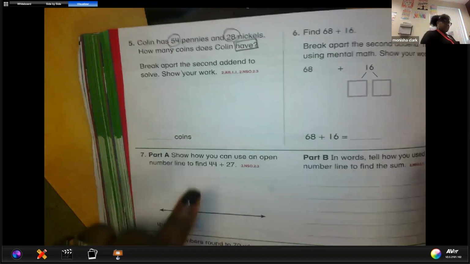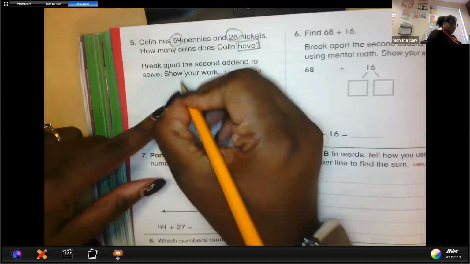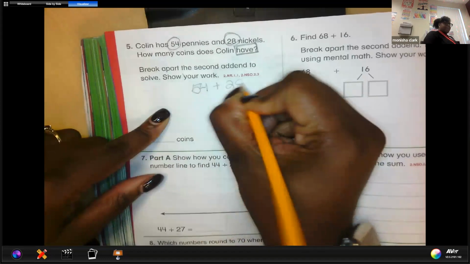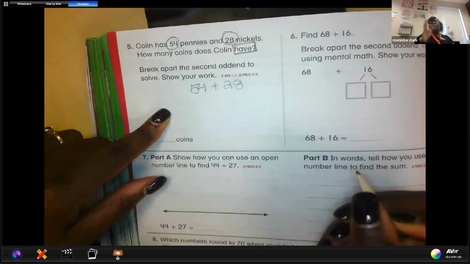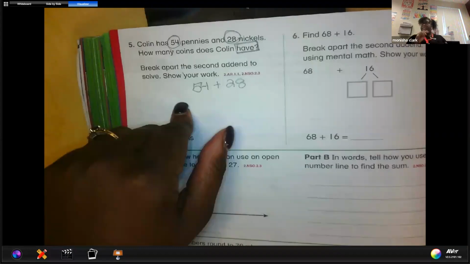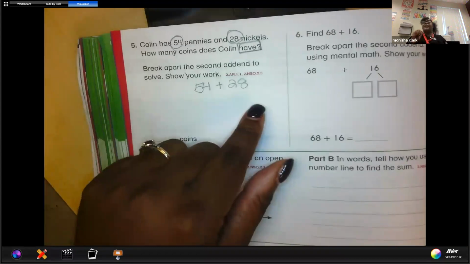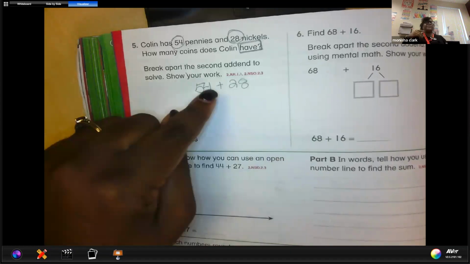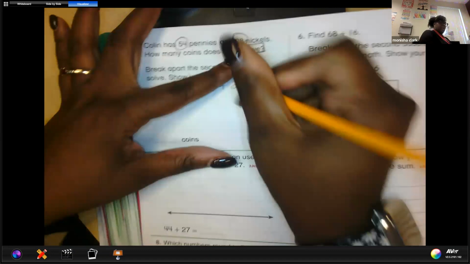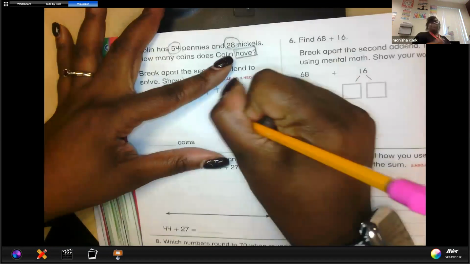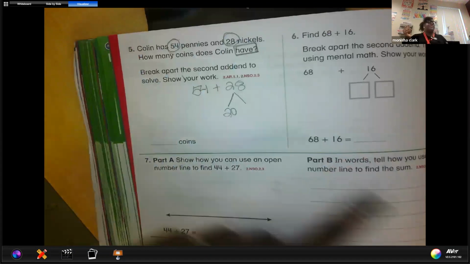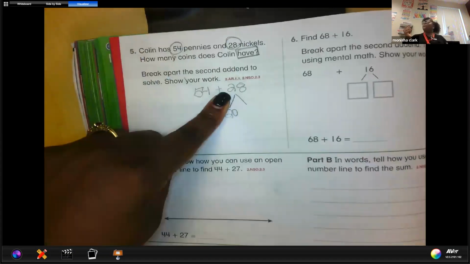So that is what we're going to do. First thing we're going to do is 54 plus 28. Now we're going to break apart the second add-in. When we break apart the second add-in, what does that equal? 20 plus, break it apart between the 10s and the 1s. Plus what? No, we're only breaking apart the second add-in, which is 28.